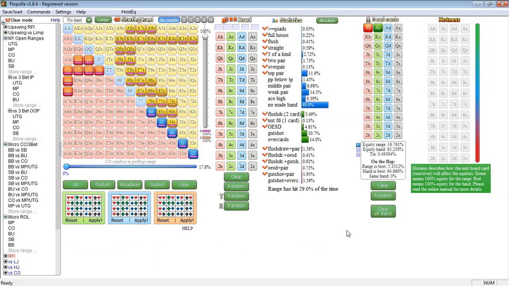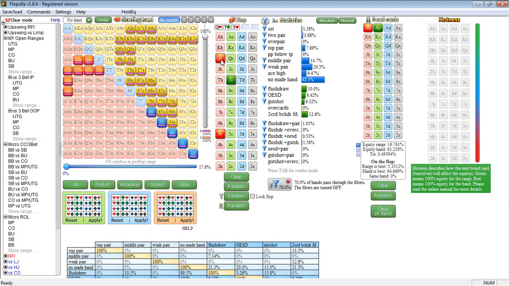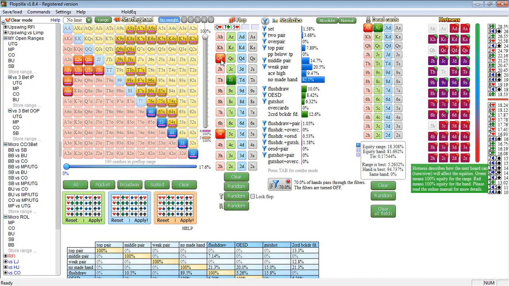So this particular range, if you see here, will make a flush less than 1% of the time. Now I'm not sure how to project that on the turn.